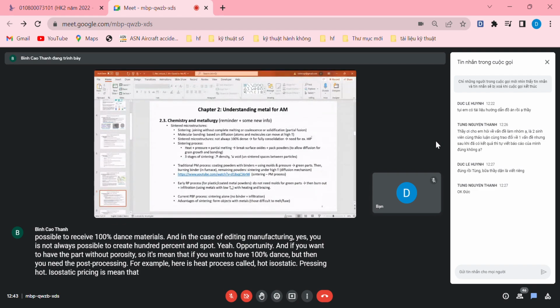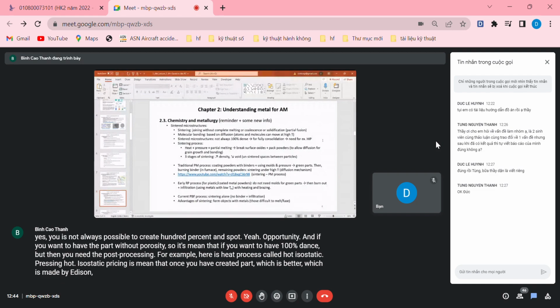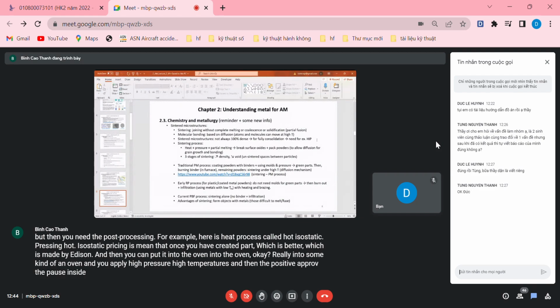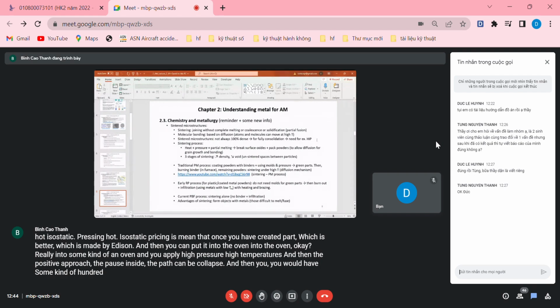This means that once you have created a part made by additive manufacturing, you can put it into some kind of oven, and you apply high pressure and high temperature, and then the pores inside the part can collapse, and you would have a part with 100% relative density.